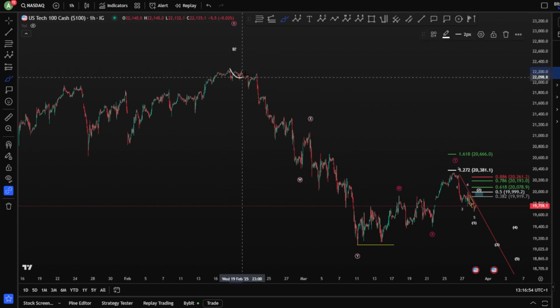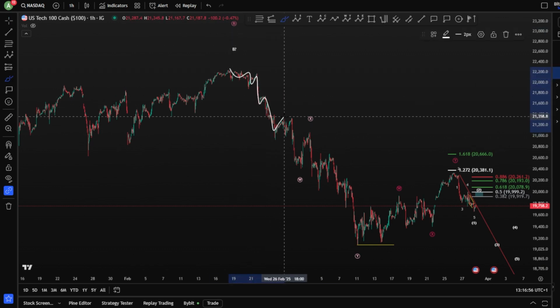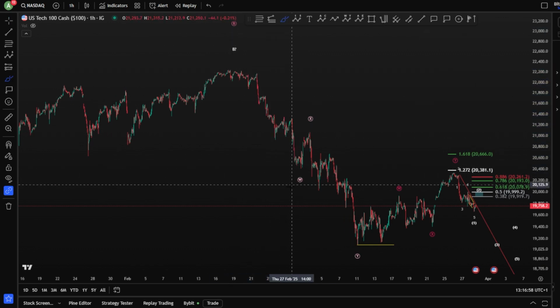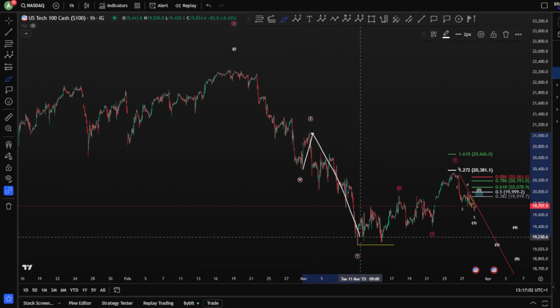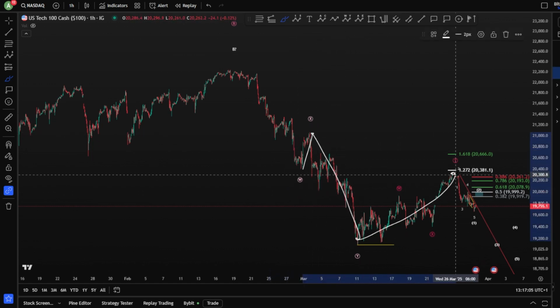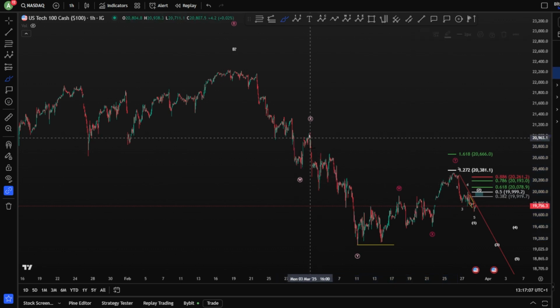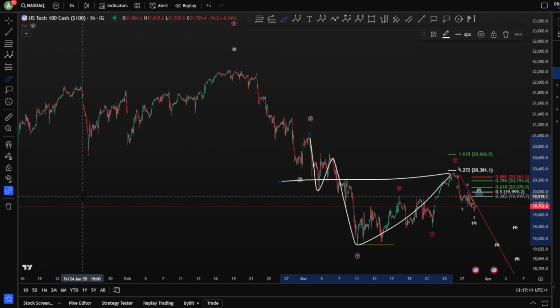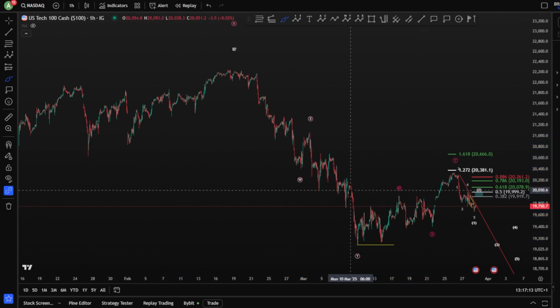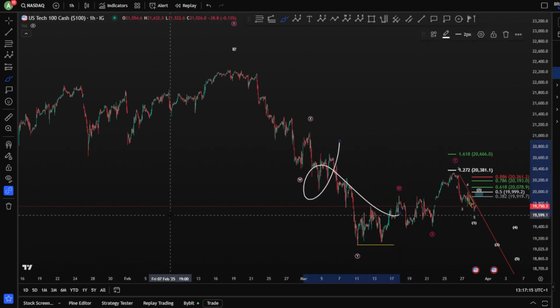So here we have potentially an impulse 1, 2, 3, 4, and a 5. Finishing potentially wave 1, but your wave 2 is very shallow first, your wave 3 as well is shallow, and your wave 4 has invalidated this impulse, because if you are in 1, 2, 3, 4, it is not allowed to interfere with the zone of wave 1, meaning you don't have any impulse here.